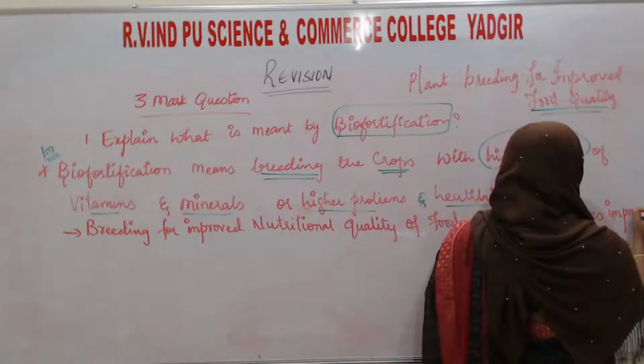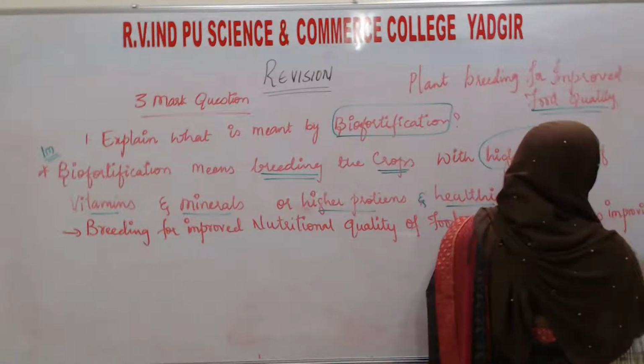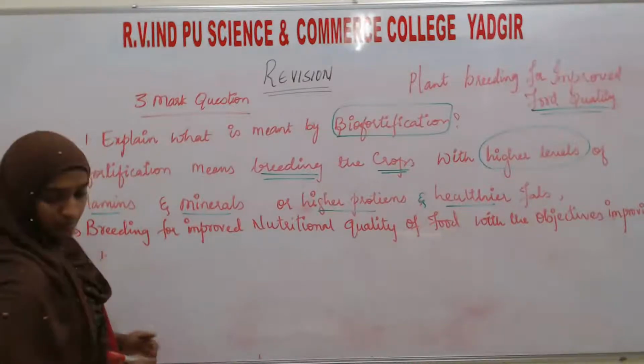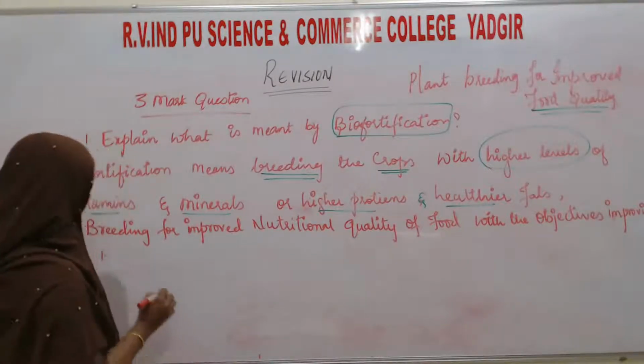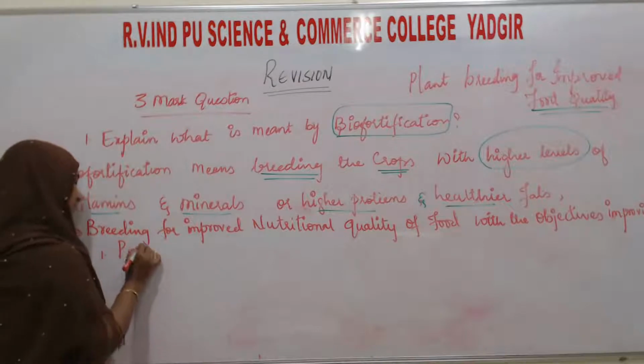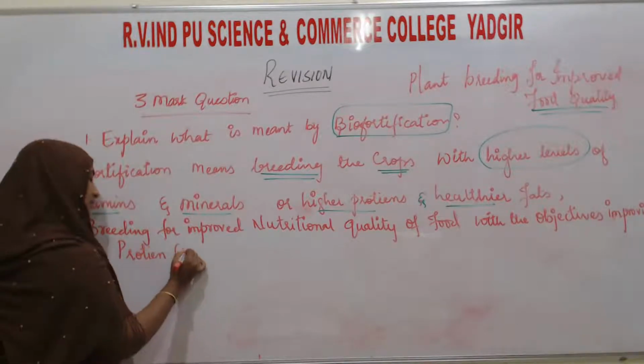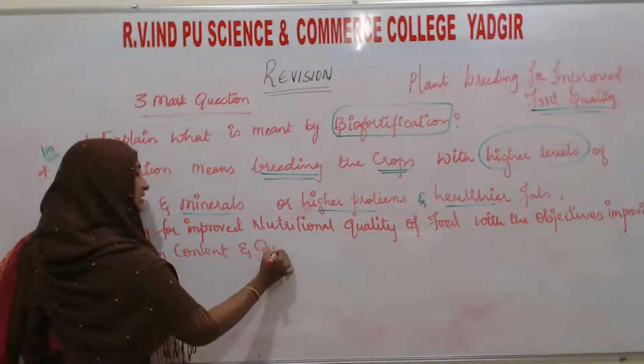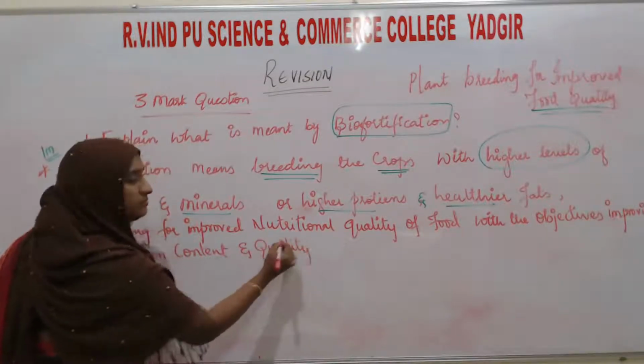What should improve in that diet? Here there are some objectives. The first one is improving the protein content and quality. This is the first objective.